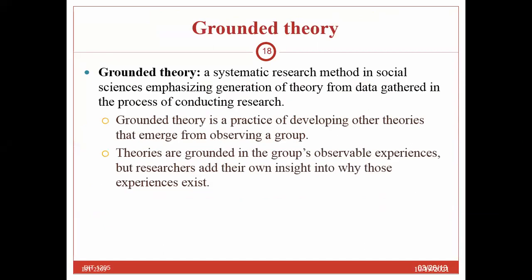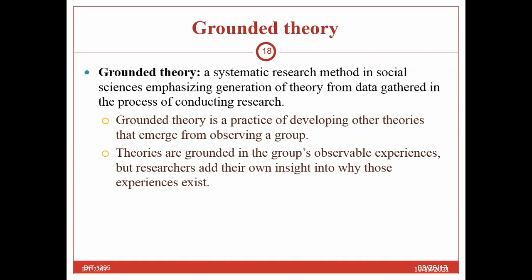Then we have grounded theory. This is a systematic research method in social sciences that emphasizes the generation of theory from data gathered in the process of conducting research. So with grounded theory, there has to be a theory developed at the end of the day. You have data that you collected, and then from that data, you add some more literature, and then you have a theory.